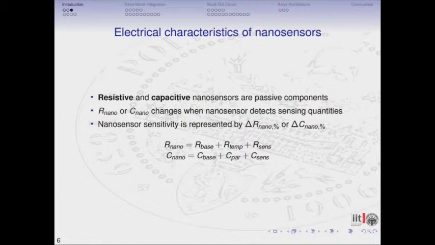But their resistance also changes depending on a slow variation of the environment, which can be temperature variation or some change in the parasitics of the environment. And then the third contribution is the real contribution due to the sensing property.